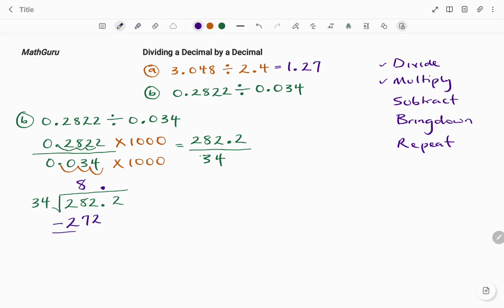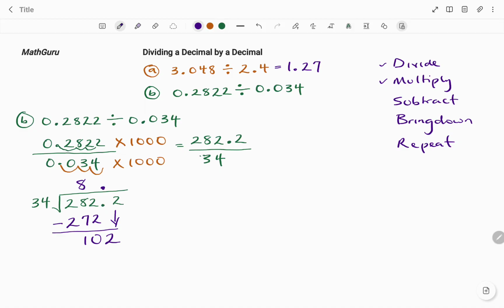If I subtract, I have 282 minus 272, that's 10. Note that I've already placed my decimal point. So the next step is to bring down the next number. And the next number in this case is my 2. So I'm going to bring down my 2.